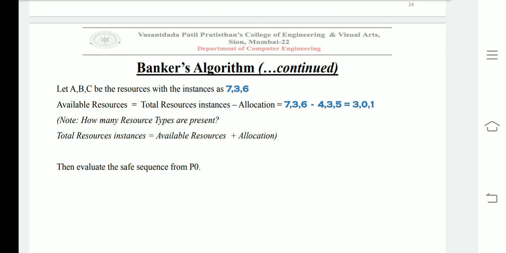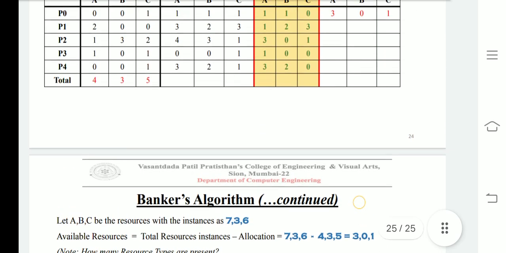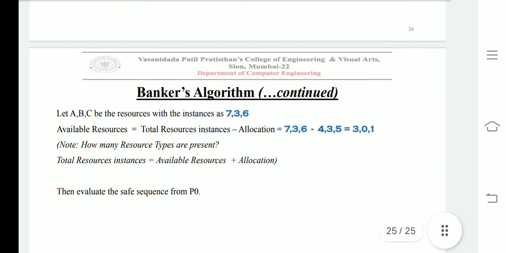So 7, 3, 6 minus the total allocation, whatever answer we got here. By evaluating this we will get the answer as 3, 0, 1.